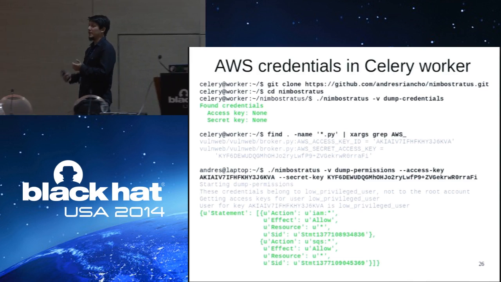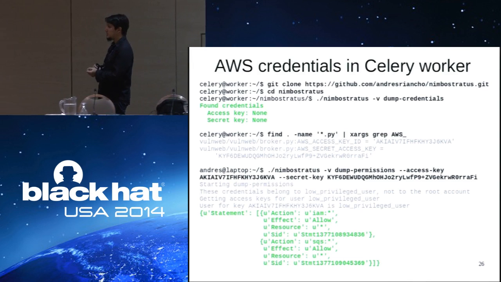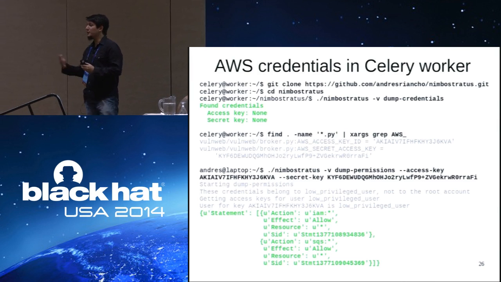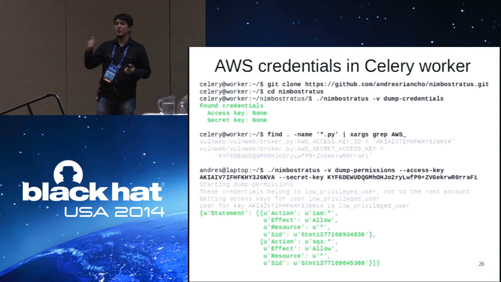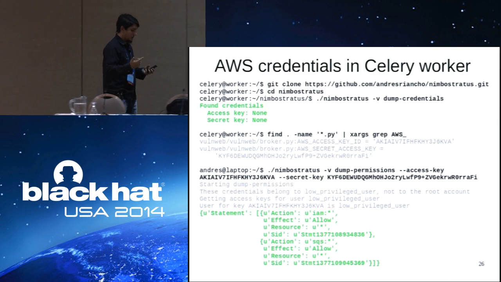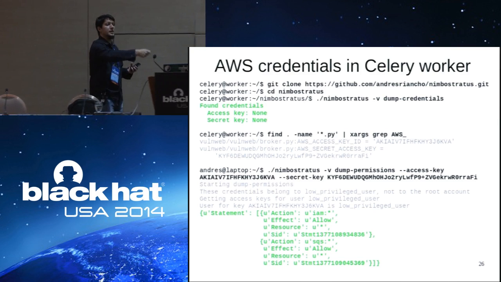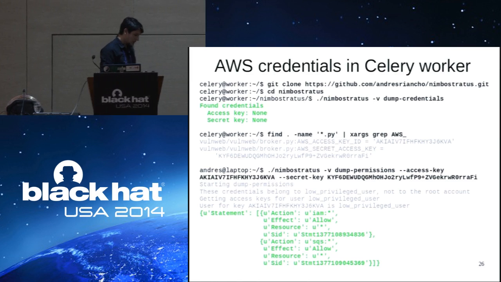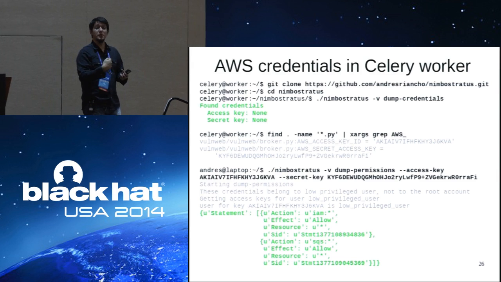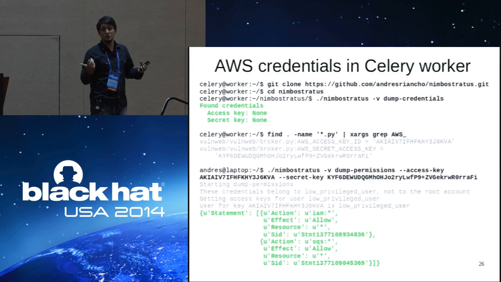So we now have access to this server, to this worker. And we know for a fact that it will be running Celery. It will be retrieving tasks from the queue. And for retrieving tasks from the queue, it will need credentials, right?